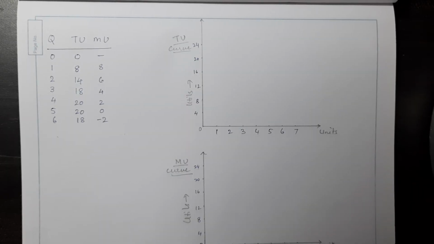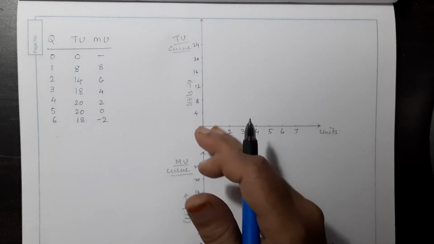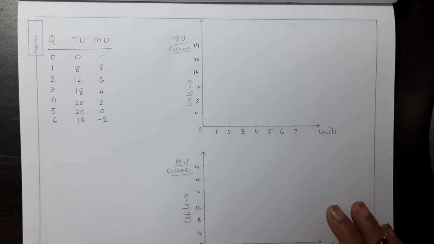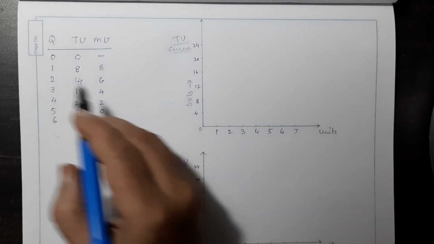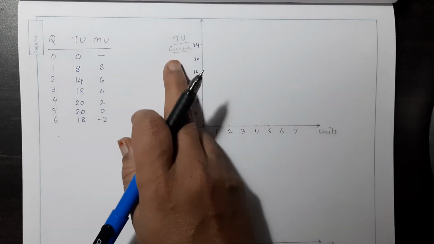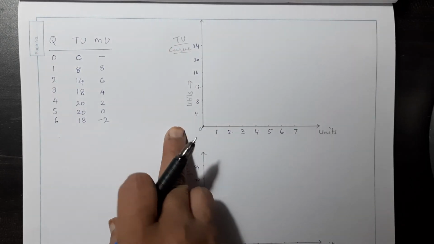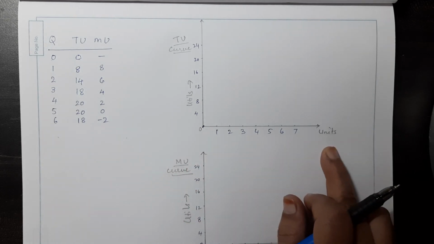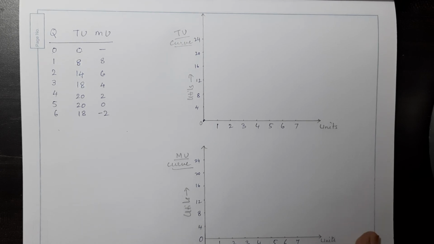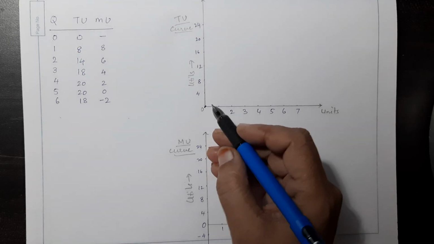Now let's say we are going to draw a separate graph for the total utility and another graph for marginal utility. Then we see that for 0 units, the total utility is 0. It's the same thing. We have marked TU on the y-axis and units on the x-axis. Similarly, marginal utility on the y-axis and units on the x-axis. Now we will plot them again.